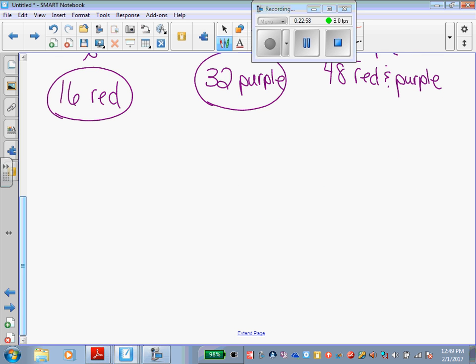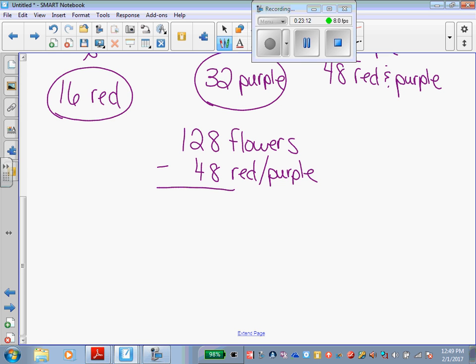Very good. So we had 128 flowers minus the 48 red and purple equals what? 80. Okay, so this is 80 remaining.